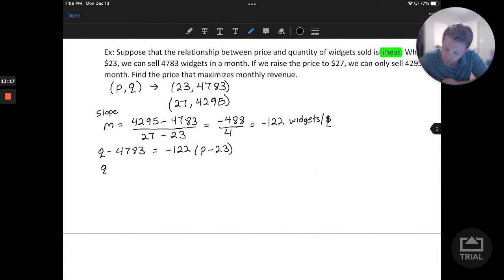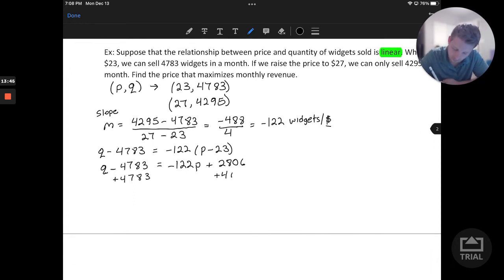We'll have Q minus 4,783 equals negative 122p plus 23 times 122, which will give us 2,806. And then adding 4,783 to both sides will give us that final result for the linear function.